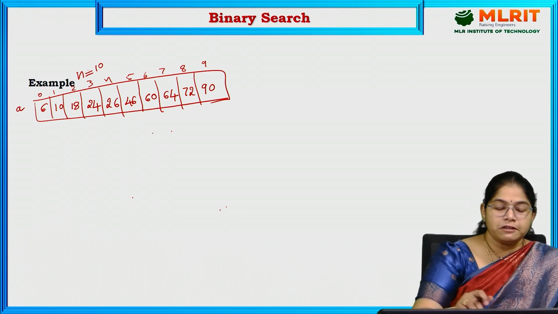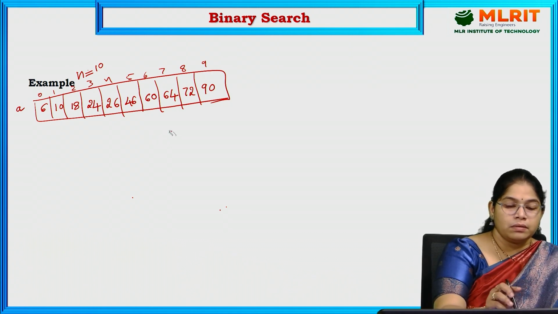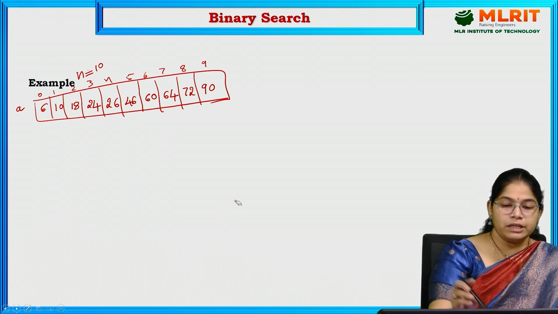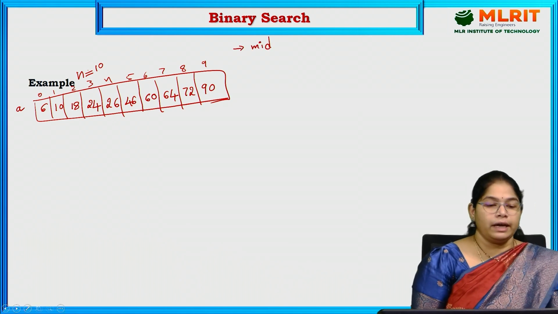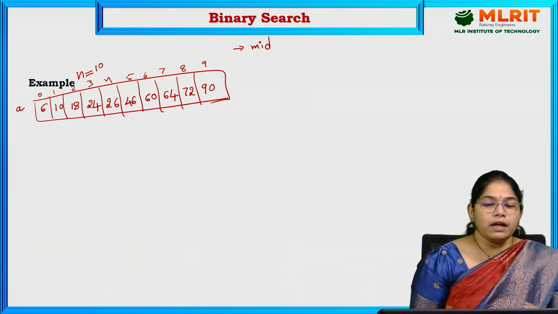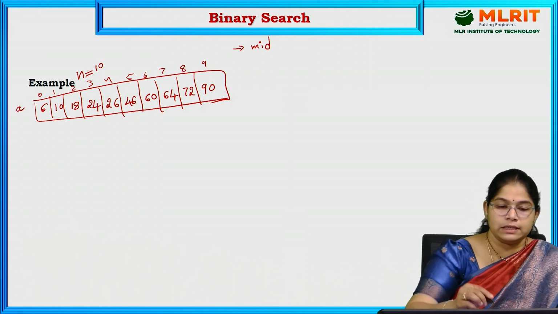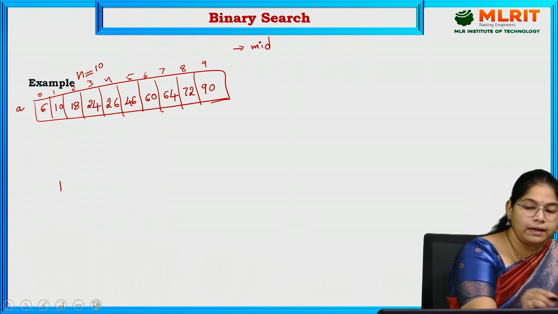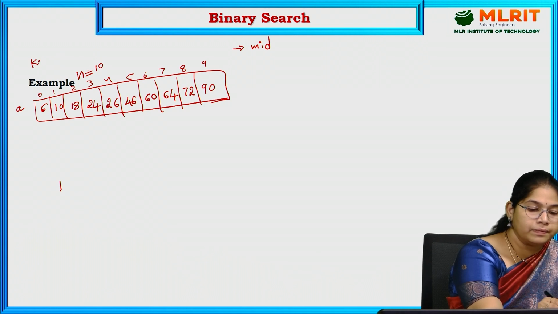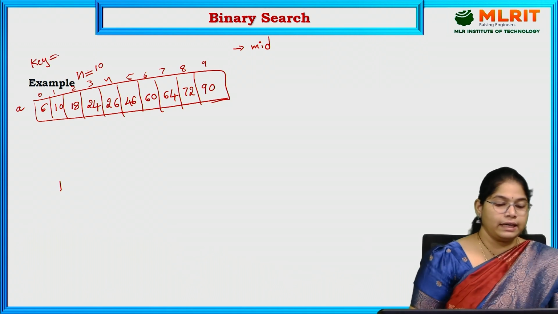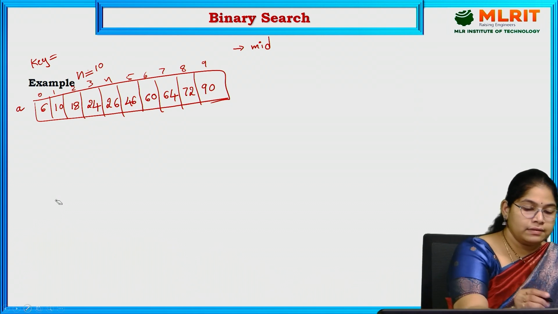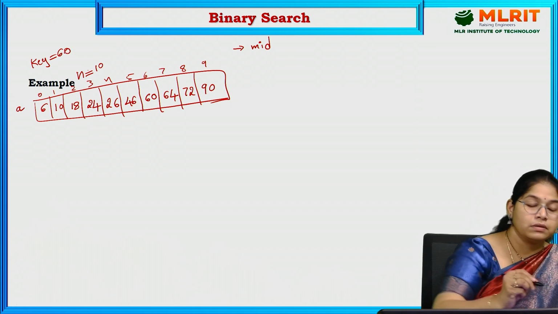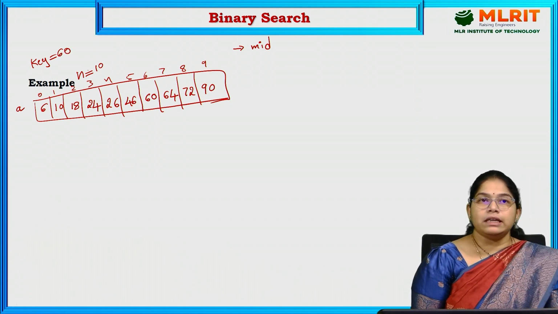So what is the key point? The working principle of binary search is that first we have to find out the mid value of the array. Whatever element I want to search in this list, I am considering that as the key. Here the key is 60, suppose. The key value, that means the target value, is 60.